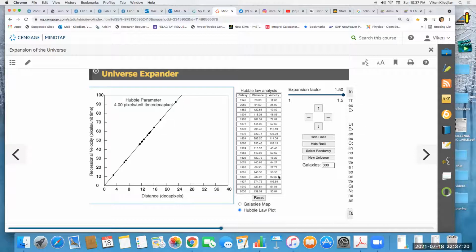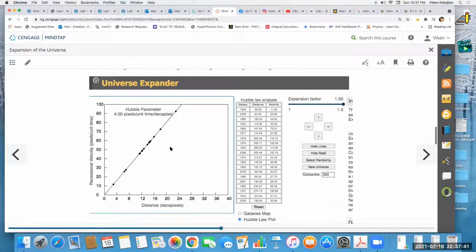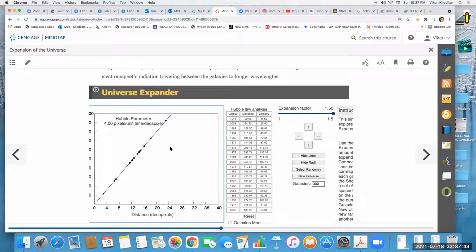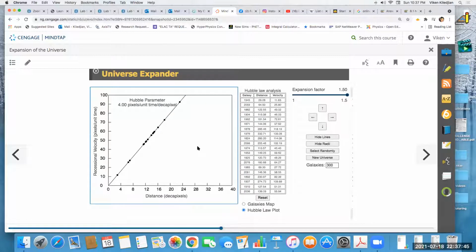Let's see here. What point is that? Recessional velocity. So 70. This is 72. Oh, you know what? Hubble Law analysis velocity. 90. Distance. Oh, it doesn't look like all the data went into that.